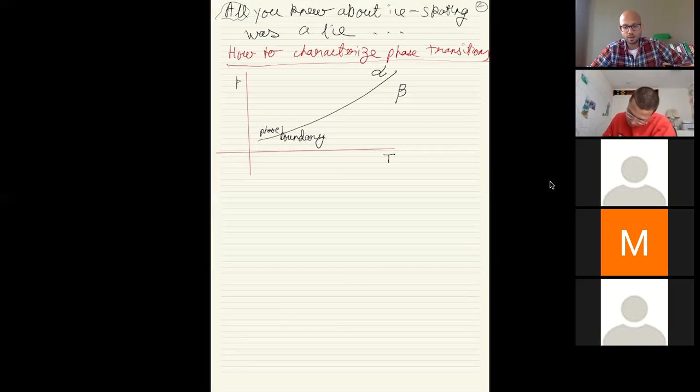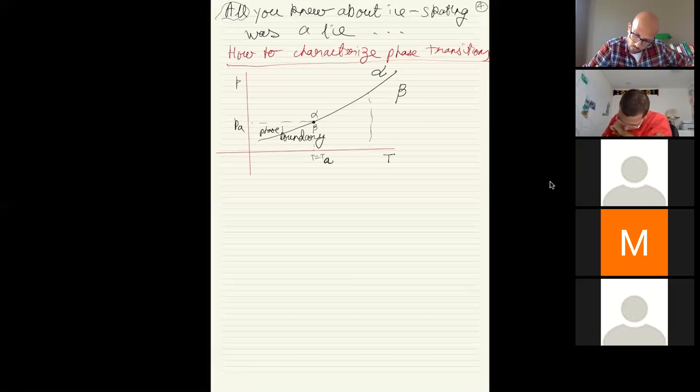I mean, already I think it's quite cool that you can use principles of thermodynamics to write down a mathematical equation about this curve. What is this curve showing us? This curve is telling us that in order to go from beta to alpha, if you do it at a temperature T equal to TA, the transition happens at a certain pressure PA.